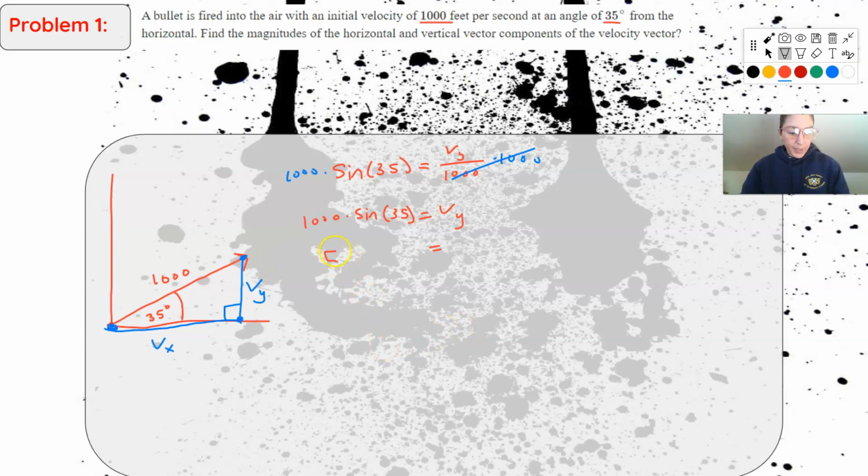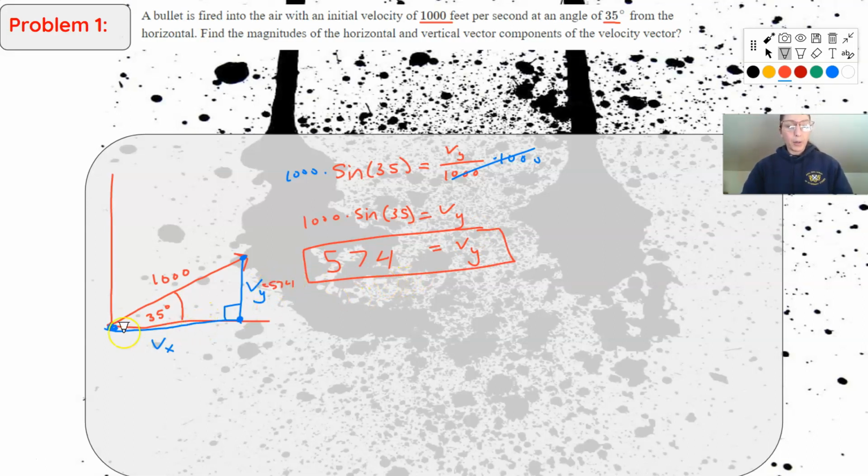We have 573. Did they tell us what to round to, or are we left to our own devices? No, but I'm going to guess whole number here, so 0.5 is actually going to round to 4. So 574, that's our horizontal, or sorry, our vertical component. 574, so we figured that out.